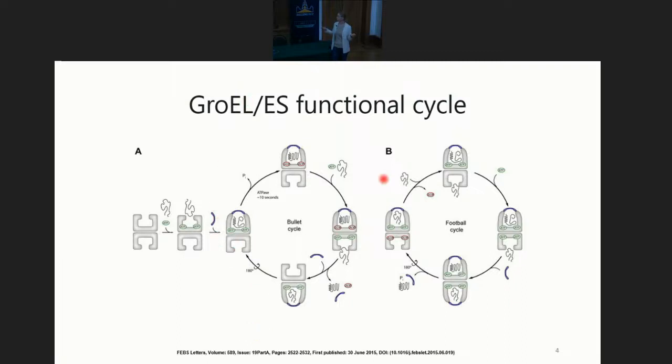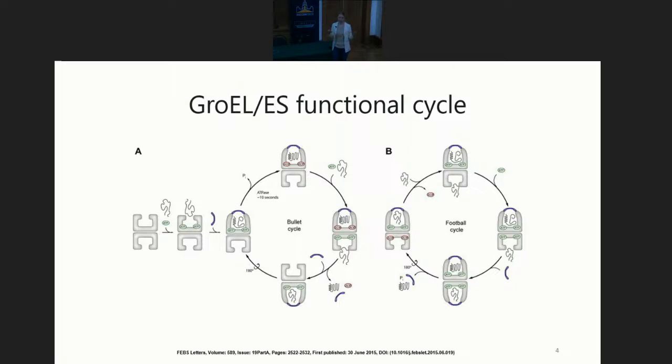So this is the bullet cycle. The football cycle is called so because there is another shape that looks like the American football. Basically, the idea is that both rings work simultaneously. They bind ATP simultaneously, they bind protein simultaneously, and that's how you get these football shapes.